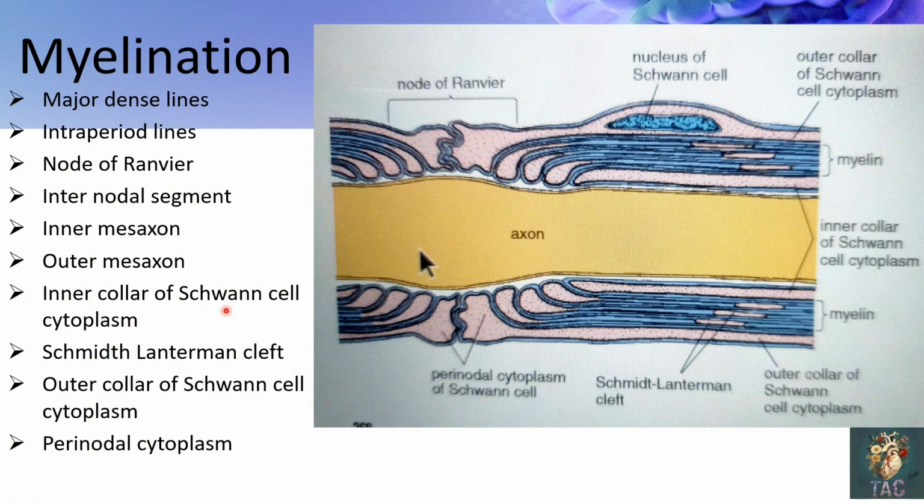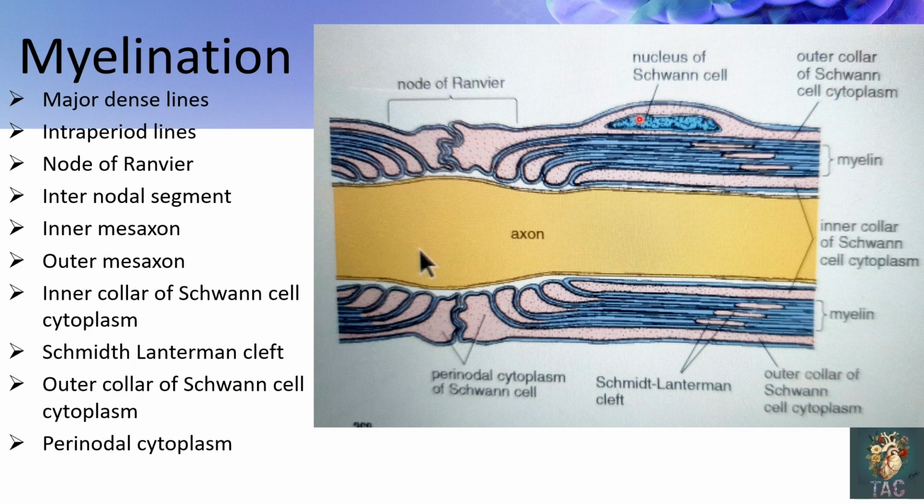Also, at certain places in between there is some collection of the Schwann cell cytoplasm, and these are called the Schmidt-Lantermann clefts. Most of the cytoplasm is extruded out, and it is present outer to the myelin sheath, forming the outer collar of the Schwann cell cytoplasm.